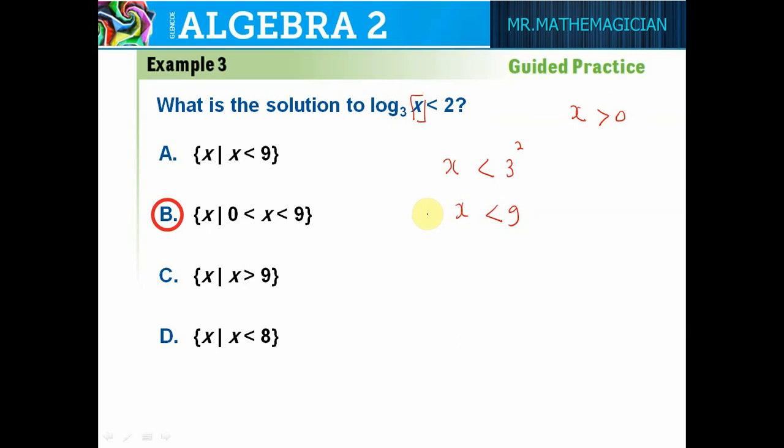So we have here a lower limit, means if we gather this one with this one, x should be really between 0 and 9. So B is the accurate solution.